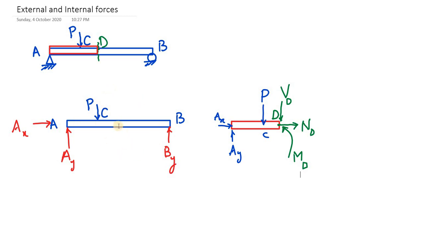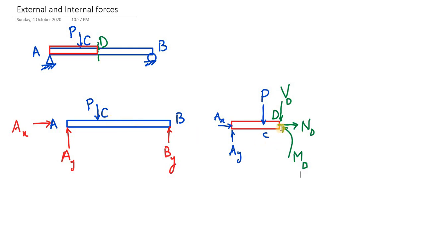The reason is that here I am drawing the free body diagram for the entire beam, and whenever we draw a free body diagram for any object or a part of it, we always show external forces acting on that body. So these forces at D, which are internally present over here, are not to be shown in this free body diagram, because on any free body diagram we show only forces acting externally on that object.